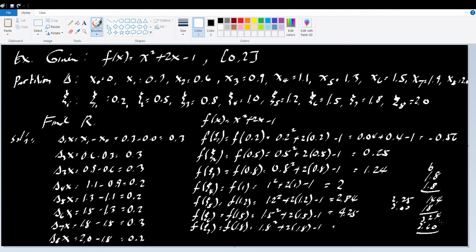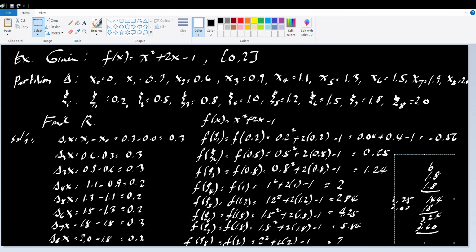Let me check. That is 3.6, so 5.84. Finally, f of c sub 8. Our c sub 8 is 2. So f of 2 is 2 squared plus 2 times 2 minus 1. So that will be 4 plus 4 is 8 minus 1, 7.